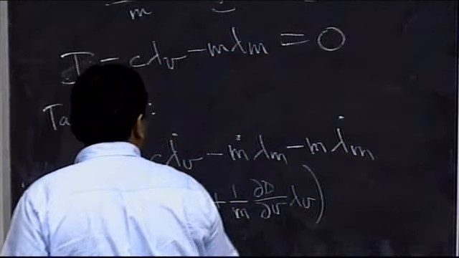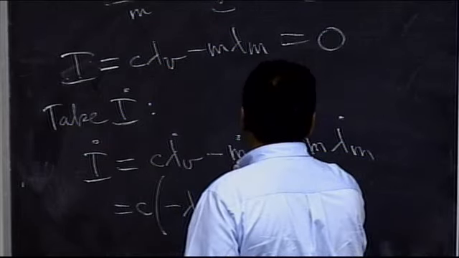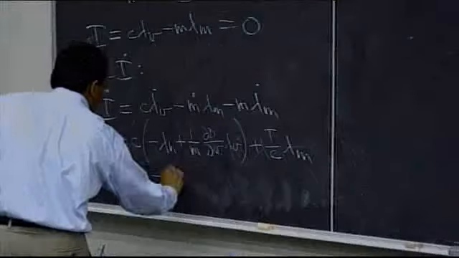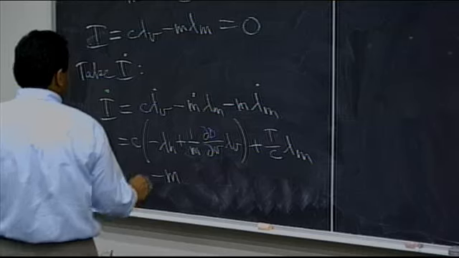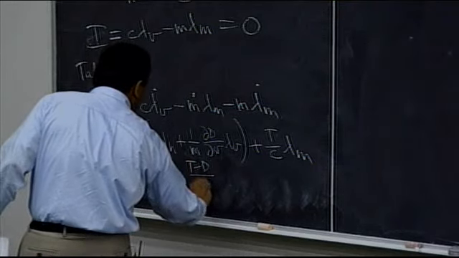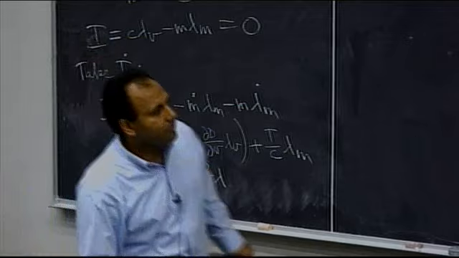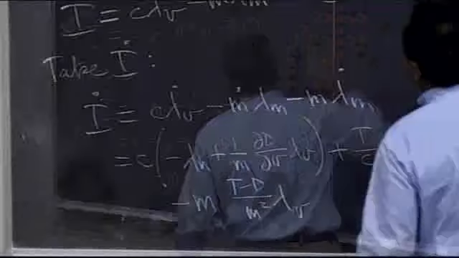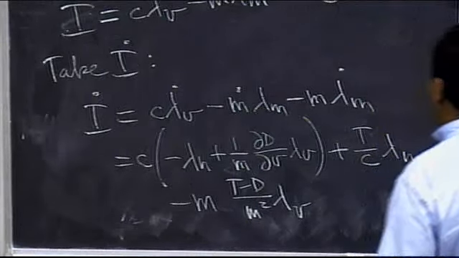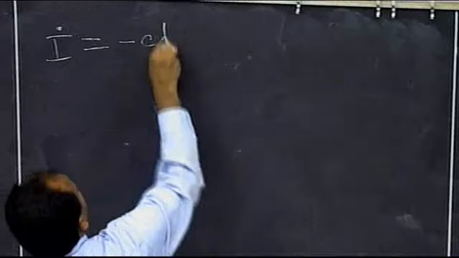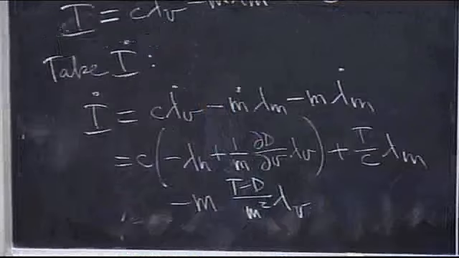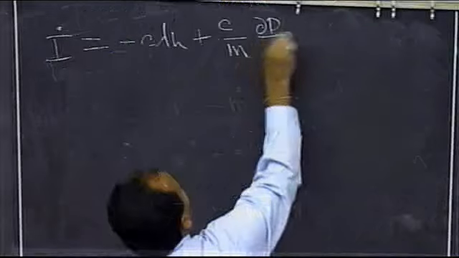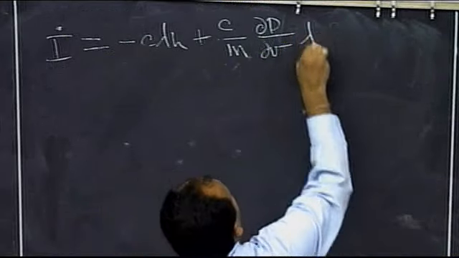And I've got minus m dot, so plus, I've got m dot, which is t over c times lambda sub m. And I've got minus m times lambda m dot. What's lambda m dot? T minus d over m squared, right? Lambda v. Right? So I dot, if I rewrite this, I've got minus c times lambda sub h plus c over m partial d partial v times lambda v.